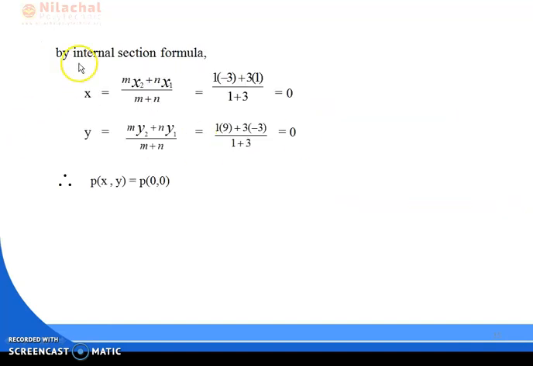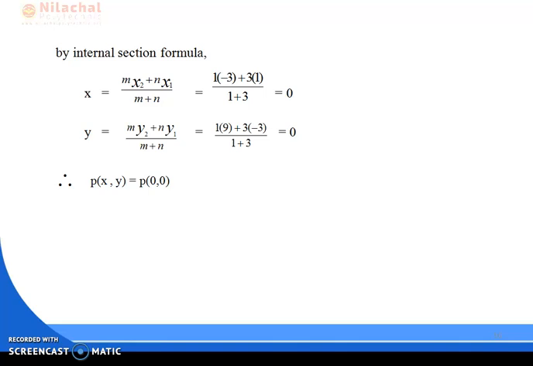Let's see. By the internal section formula or internal division formula, the x coordinate must be (mx2 + nx1) by (m + n) and the y coordinate must be (my2 + ny1) by (m + n). So for x, we put down m as 1, n as 3, x2 as -3, x1 as 1. What do we get now?